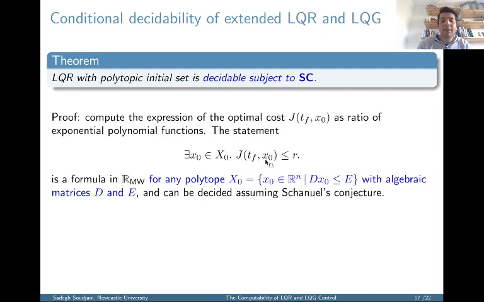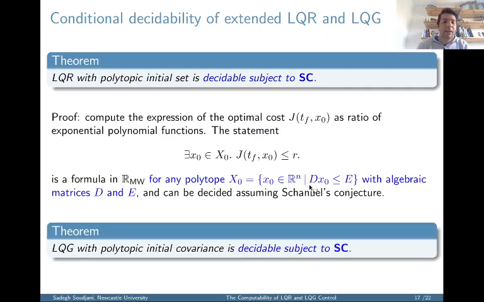The cost is a ratio of exponential polynomials, and we have some additional variables, and these variables belong to some polytopic set with algebraic matrices. That's why it becomes decidable subject to Schanuel's conjecture. The same thing holds for LQG with polytopic initial covariance, which is decidable subject to Schanuel's conjecture.